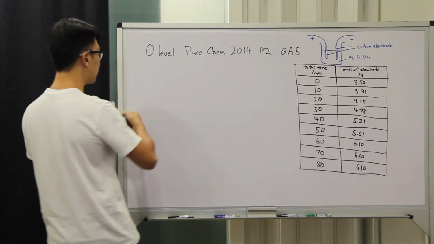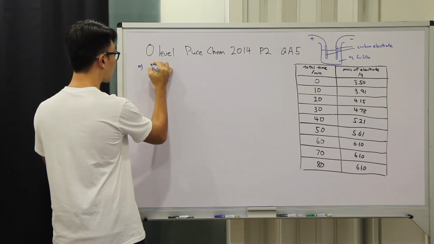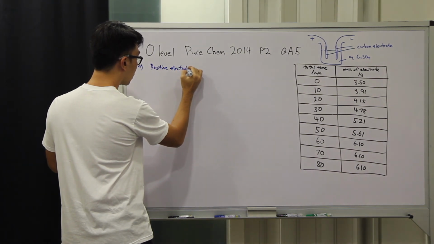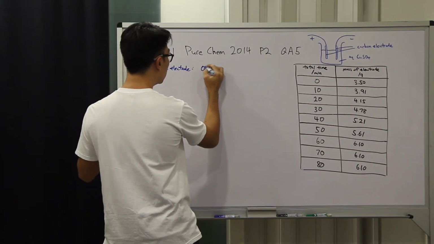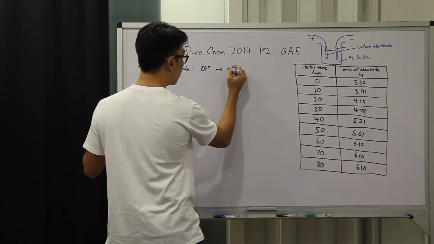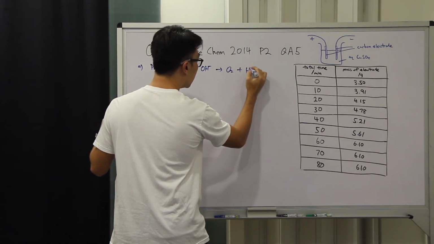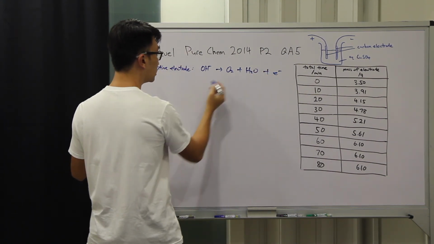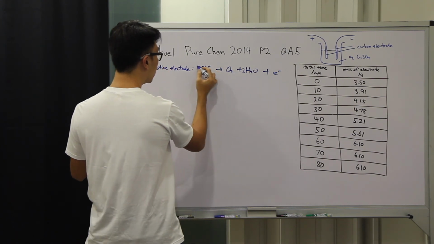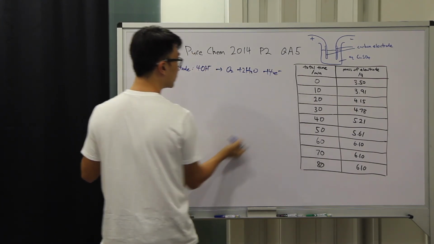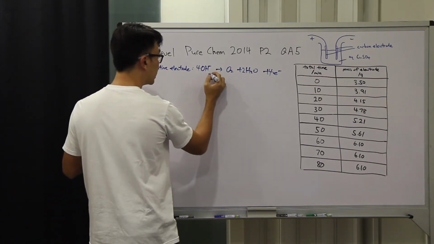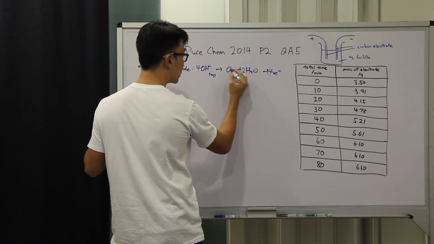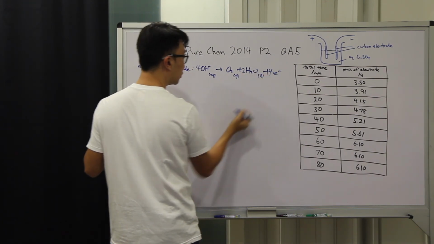So at the positive electrode, the hydroxide ions become oxygen, and because of the hydrogen it forms water as well, and it gives off electrons. To balance this, we need 4 OH-, giving off 4 electrons. Including the state symbols, the hydroxide is aqueous, oxygen is a gas, and the water is liquid.